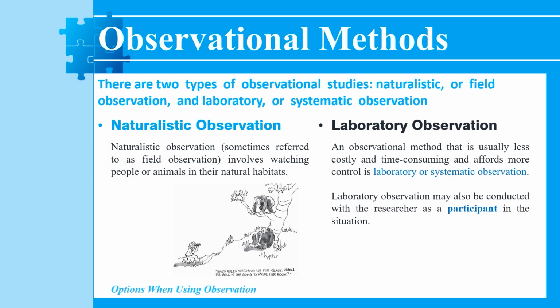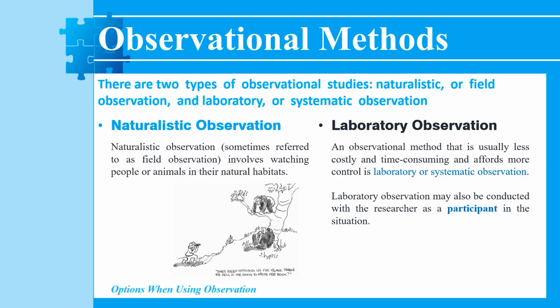Without further ado, let's begin with observational method. There are two types of observational study in this presentation and chapter, including naturalistic, or we can call by another name, field observation, and laboratory, or we can call by another name, systematic observation.